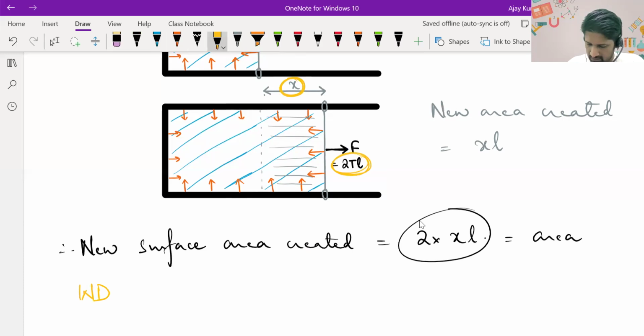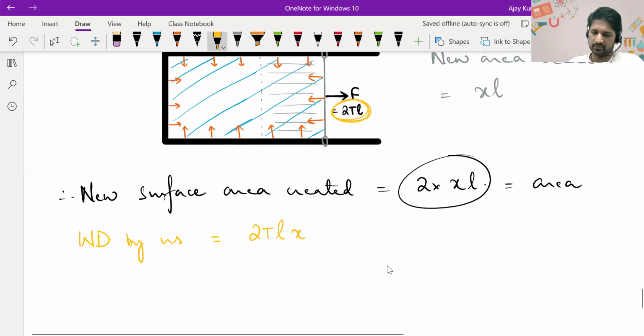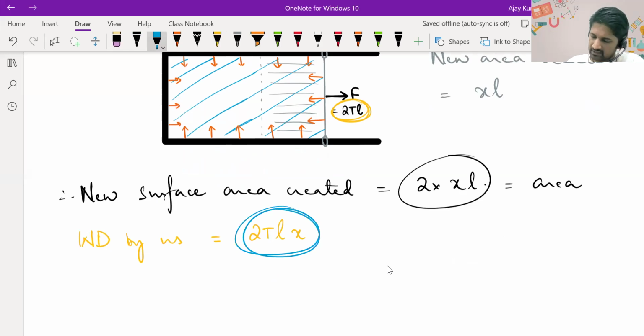Work done by us in this process will be the force exerted by us, 2TL. Actually, the force exerted by us is just slightly greater than 2TL, but we can equate it to 2TL, multiplied with the displacement in the same direction as the force, x. So 2TL into x. Doing work means what? Supplying energy. We supplied this much energy to create this much area.